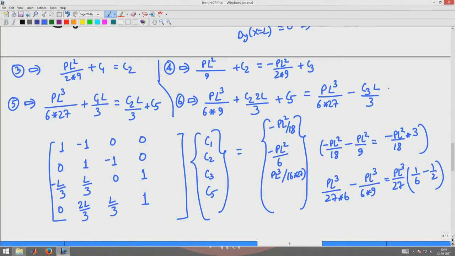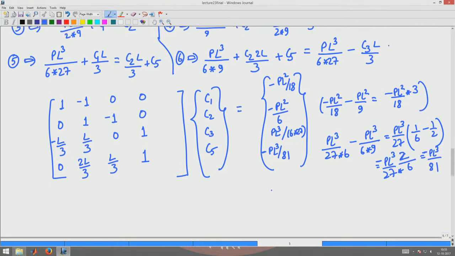So, this will be PL cube by 27 into 6 into 2. So, that will be minus PL cube by 81.